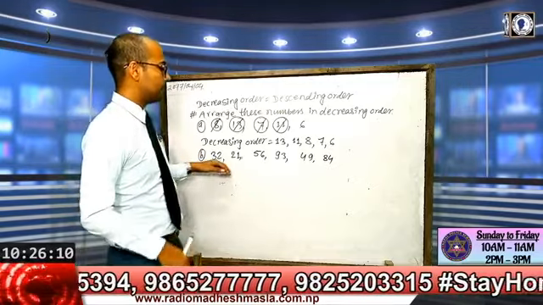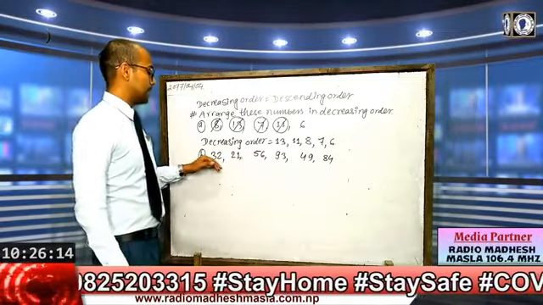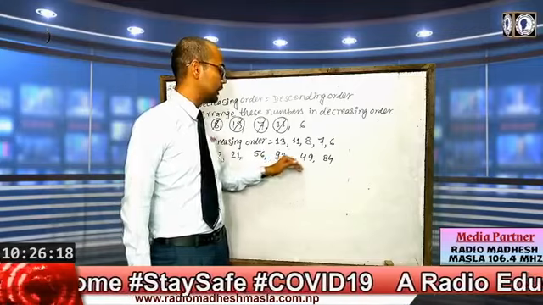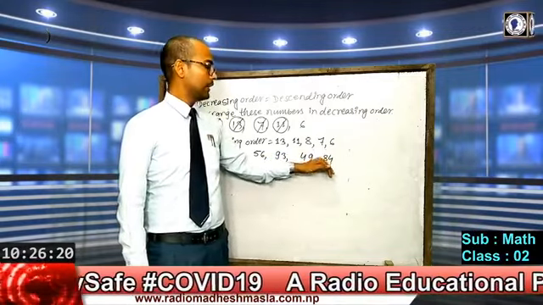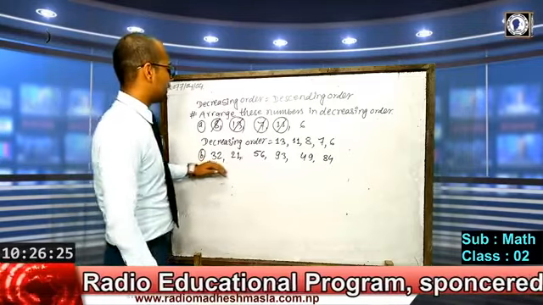We have been given the question, a sequence of numbers: 32, 21, 56, 93, 49, 84. So students, first we should select the greatest number.